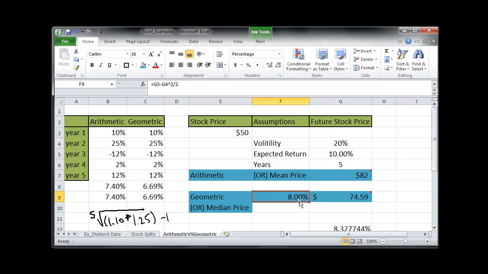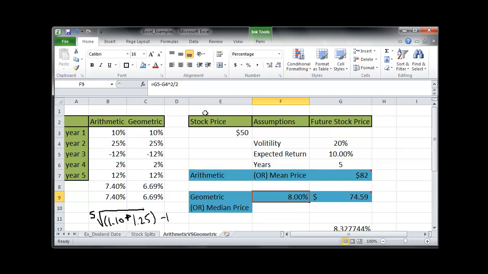As you see, the geometric mean is a little different. I used 8%. How do I get the 8% to get the stock price? Well, the geometric mean is basically the G5 here, the expected return minus half the variance. So I raised the volatility to the 2, divided by 2 to get half here. If you take a look at it, that's the equation.